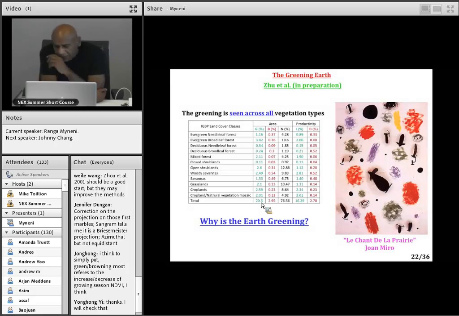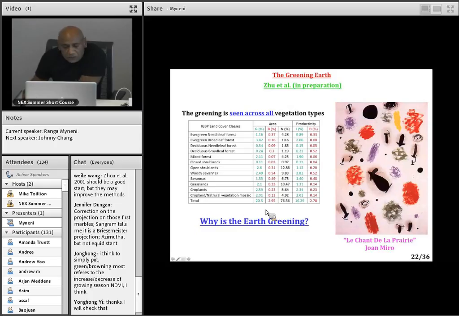To give you an example, the lower 48 states of the USA is about 9.5 million square kilometers. So 20% of the vegetated area is showing greening, and only 3% is showing browning. And when you translate that to productivity, we are seeing an increase in productivity of about 16% and a decline in productivity of only 3% in the aggregate at the global scale.